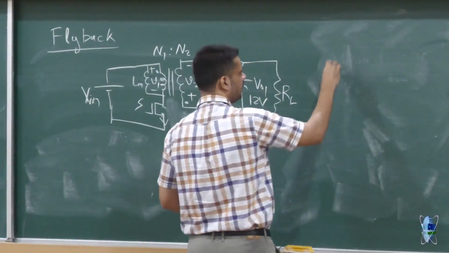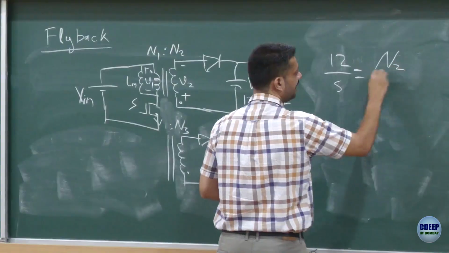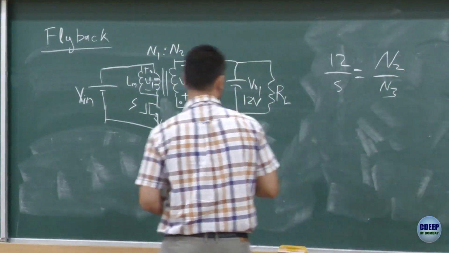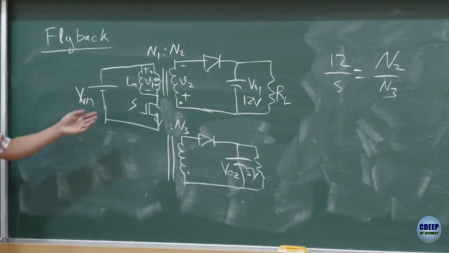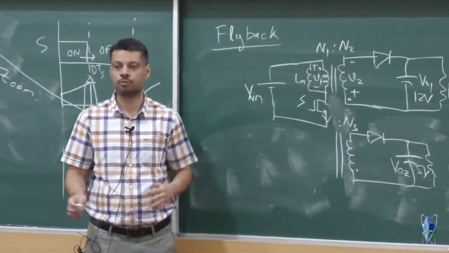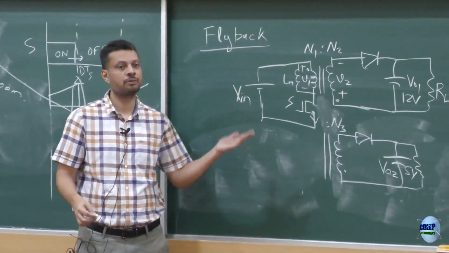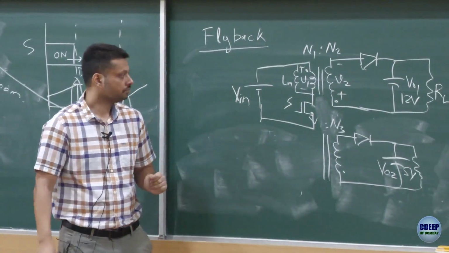So if you want 12 volt upon 5 volt, your N2 by N3 turns ratio should be in this fashion, right? Because you only have one duty cycle common to both of them. So you cannot have different duty cycles. What you can have different is the turns, and that would lead you to different output voltages, correct?